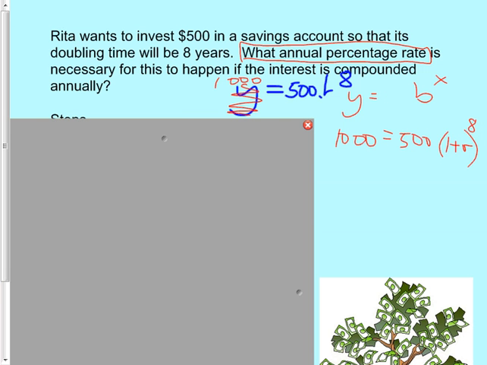I knew the starting was 500, so I put a 500 here. I knew the time was 8, so I put an 8 here. And I knew the amount I wanted it to be, the y, that I wanted it to be double. Then you can figure out what rate it has to be.